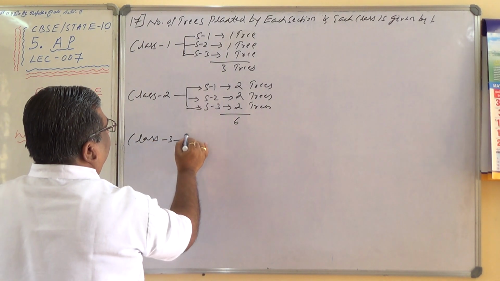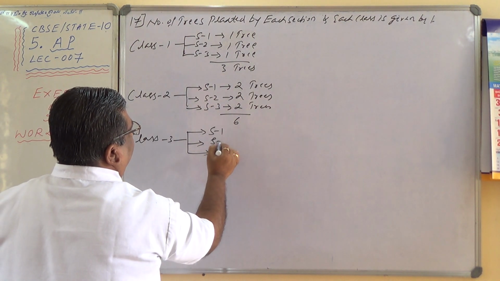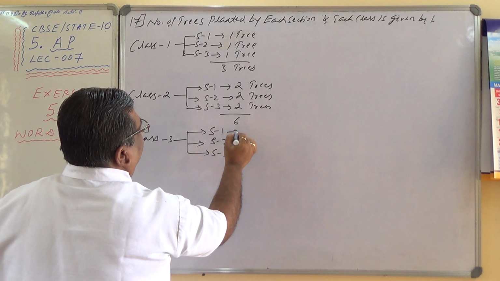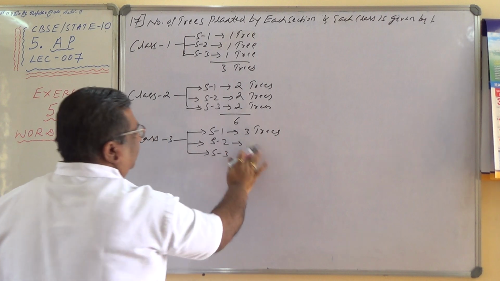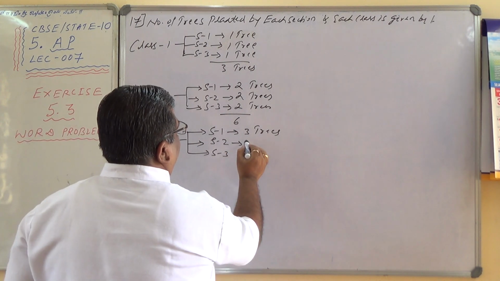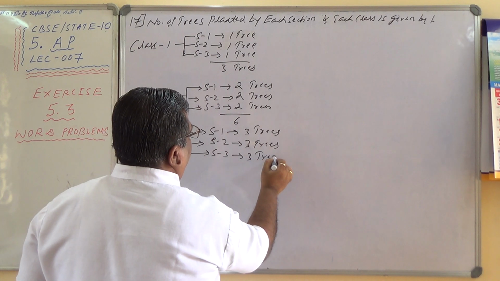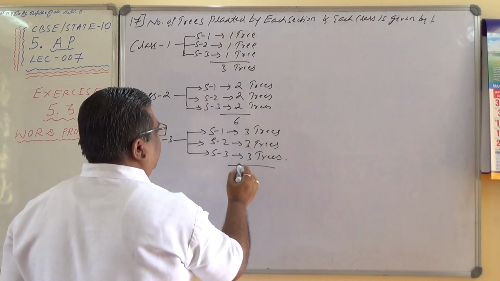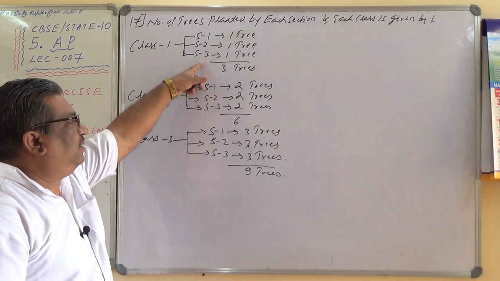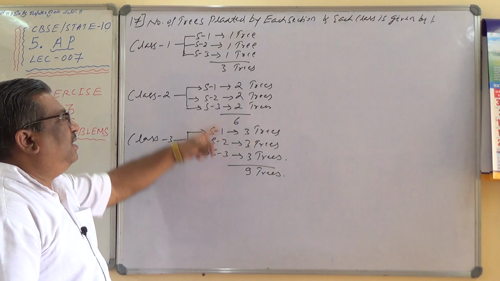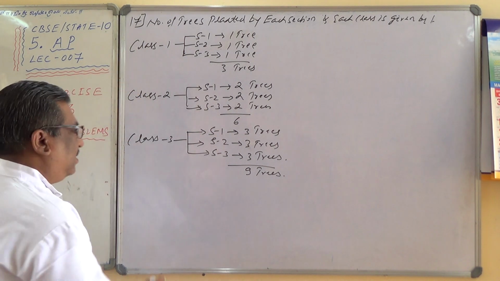Class 3, S1, S2, S3, 3 trees each. So 9 trees. Okay, check now. 3 trees, 6 trees, 9 trees. These are the number of plants planted by each class.